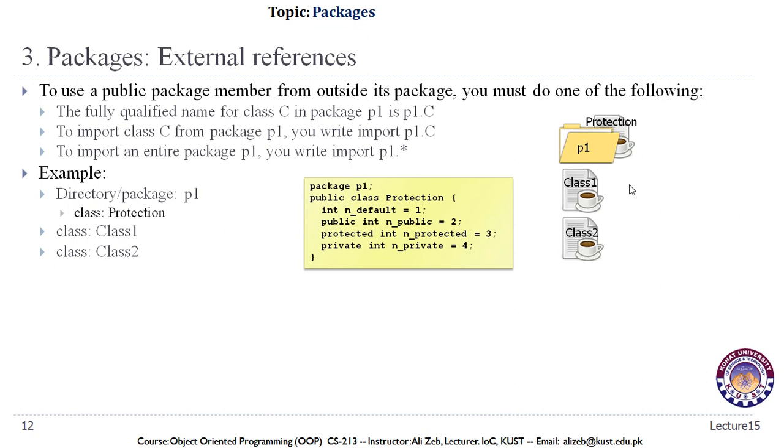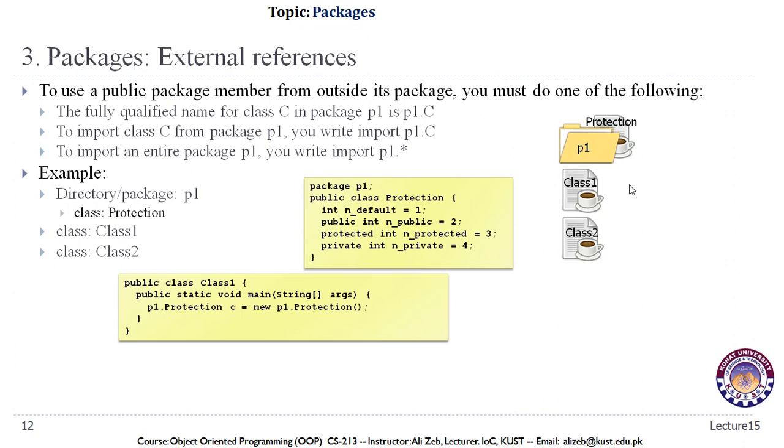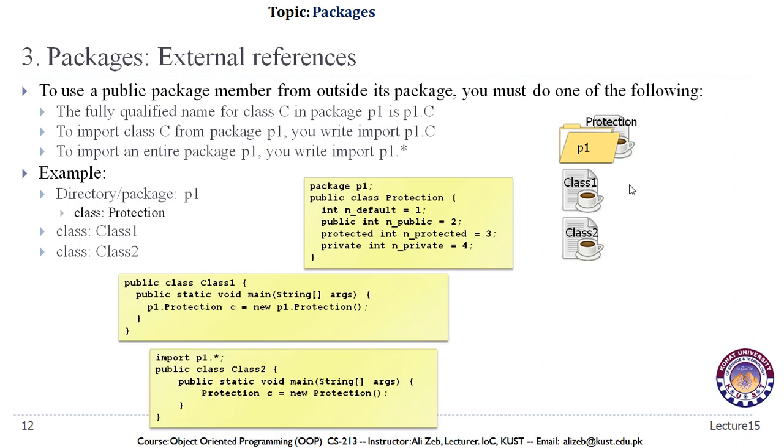Package p1 has class Protection. Public Class1 tries to access it. Here we can see that we are accessing the Protection class in Class1, and Class1 and Class2 are outside of this package p1.